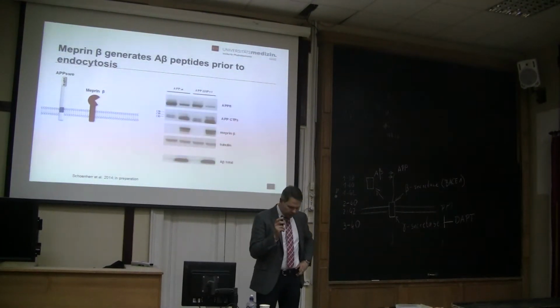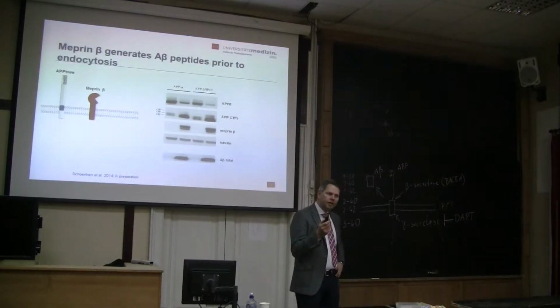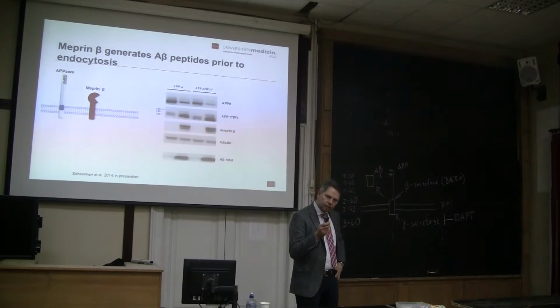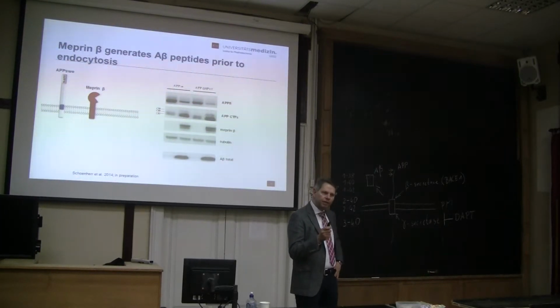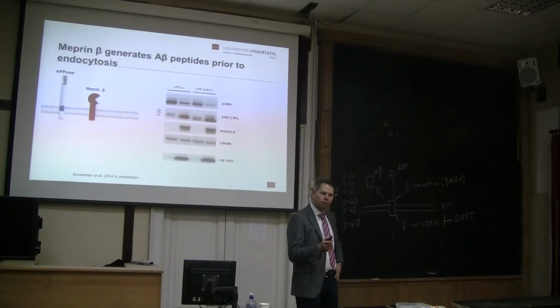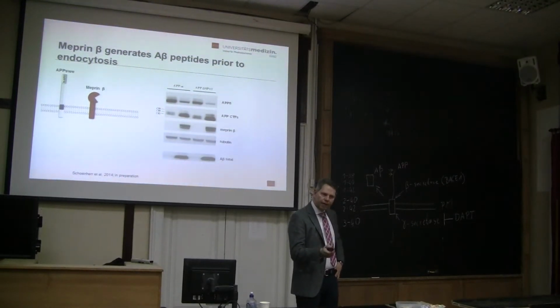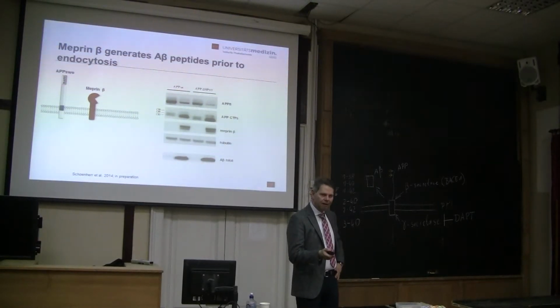Okay, so let's think about it. Have I convinced you so far that meprin is capable of generating Aβ peptides? Yes or no? Okay? So you would all think in your brain, meprin generates Aβ peptides. Have I proven that?